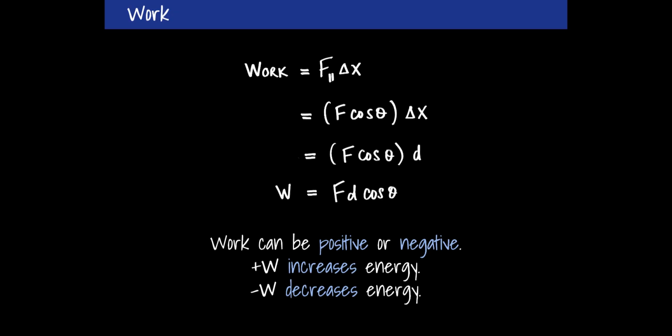When I take force and multiply by distance, I'm getting a certain number of newtons and multiplying by a certain number of meters. So I get newton meters as the unit for work. But it turns out that since a newton is a kilogram meter per second squared, a newton times a meter is a joule.